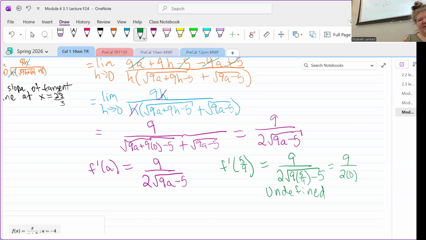But since 5/9 is the number that makes the inside of the square root 0, that is like the vertex, the starting point for this square root function. Square root functions are the inverse of a parabola, except you can only do the inverse of half a parabola.